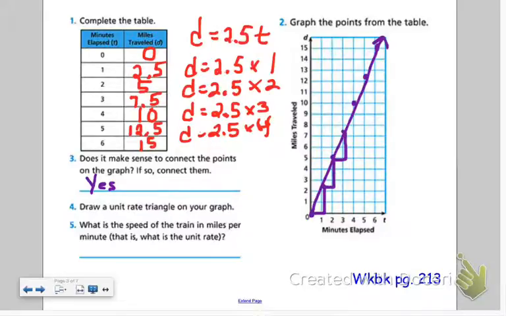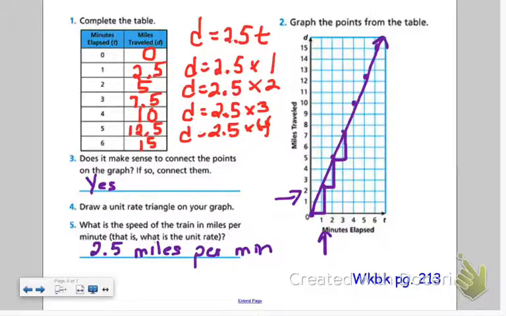So using that unit rate triangle, can we answer this question? What is the speed of the train in miles per minute? How many miles does it go in 1 minute? What's the unit rate? Well, it looks like in 1 minute, the train is traveling 2.5 miles. So it must be 2.5 miles per minute.